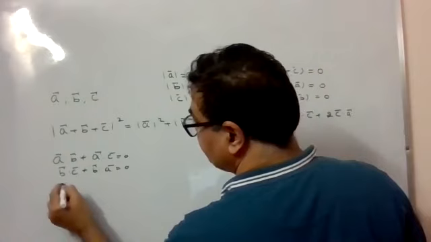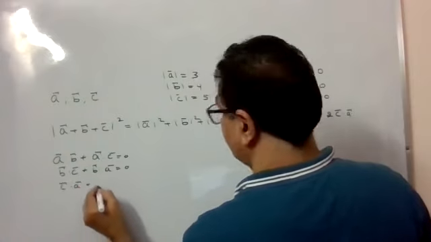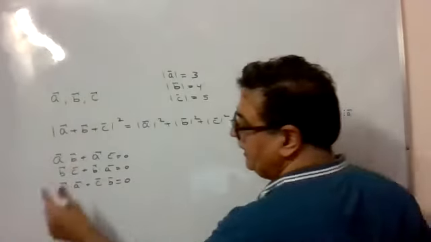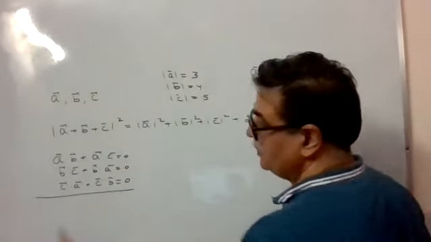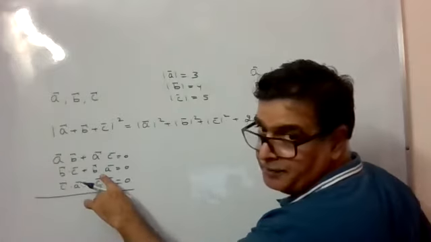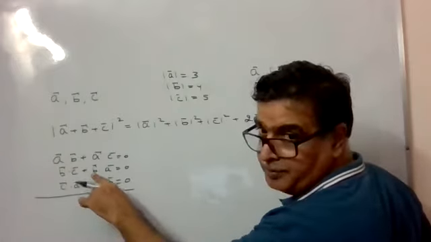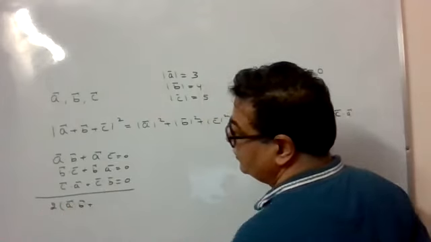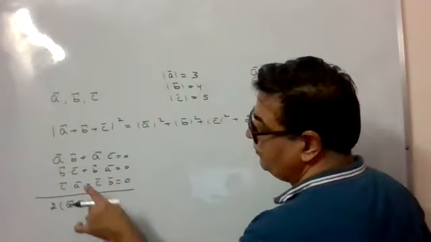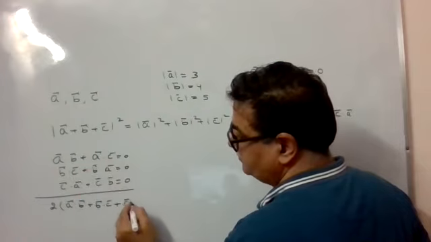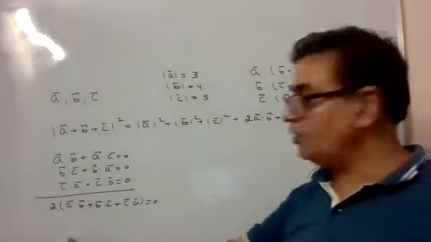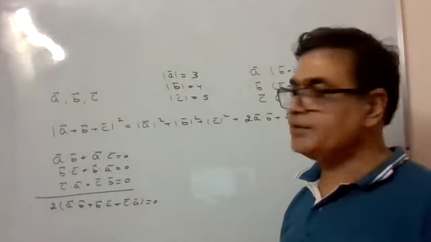And the third says C dot A plus C dot B is 0. If I add all three, A dot B ये रहा, ये भी A dot B है, because minus का कोई मतलब नहीं है. A dot B and B dot A are the same, so I'll get twice A dot B. फिर B dot C ये रहा, B dot C ये रहा, and C dot A and C dot A. So I have this condition with me: twice of A dot B plus B dot C plus C dot A is 0.